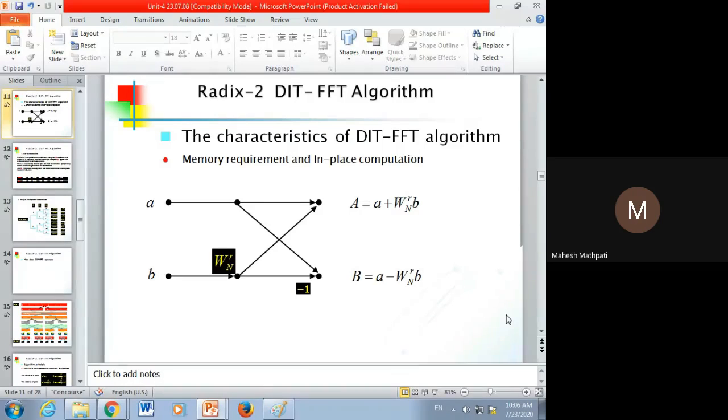Can anyone tell me the answer for this? Memory location for one stage will be equals to, what is the answer? 4. How 4, madam? In stage 1, we have observed N by 2 number of butterflies. But for one butterfly, we require 4 memory locations. For one complete stage, I am talking.